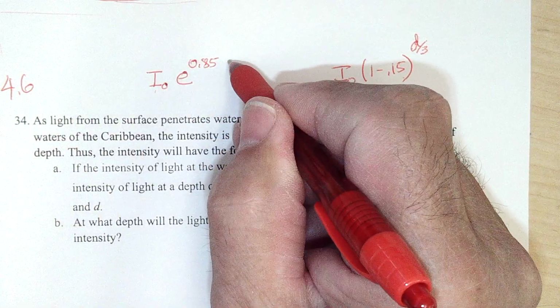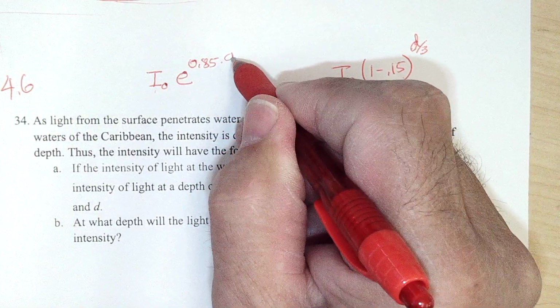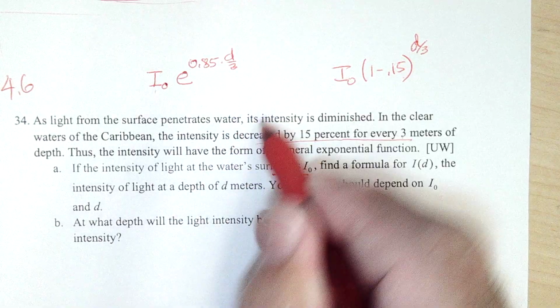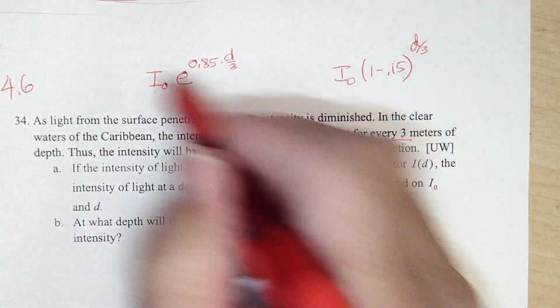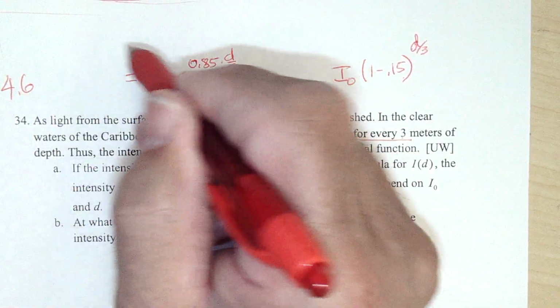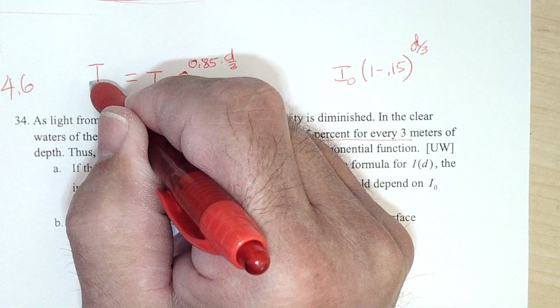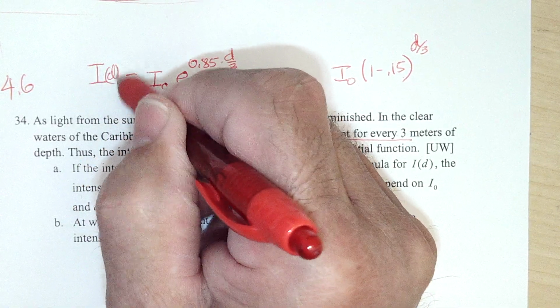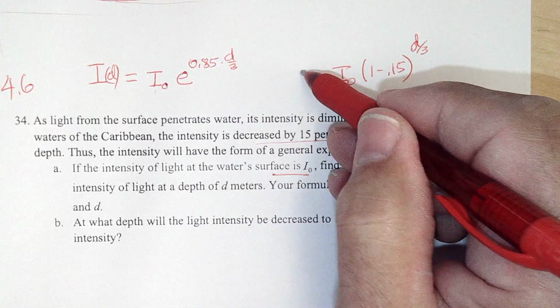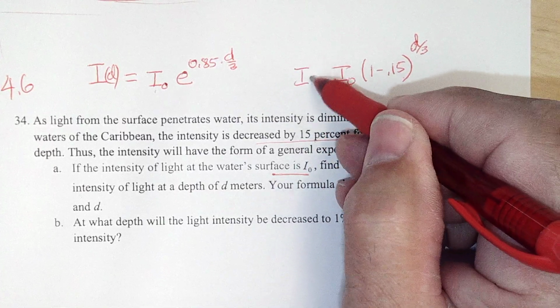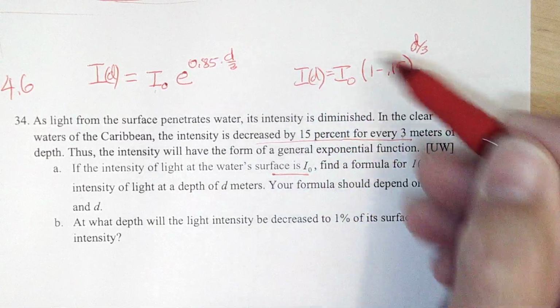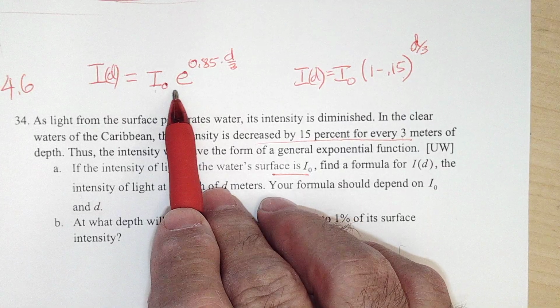Over here, we'd also do times d over 3. This will decrease it a little more than the other one. So that's going to be the intensity at some depth in meters. Same here, intensity at some depth. This is a decreasing continuously model.